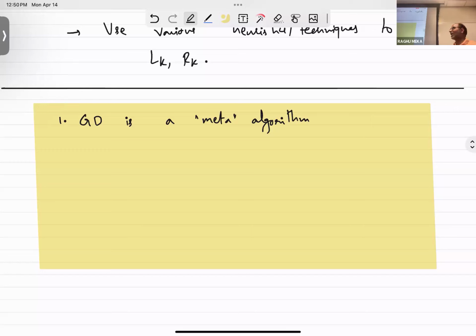Okay, whatever way you have for computing the gradient, I can run GD on top of it, right? And then we also looked at SGD, which is to use estimators for the gradient.